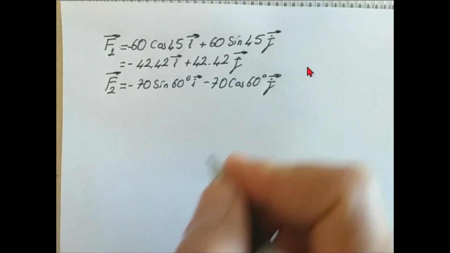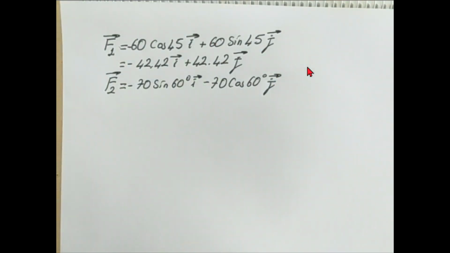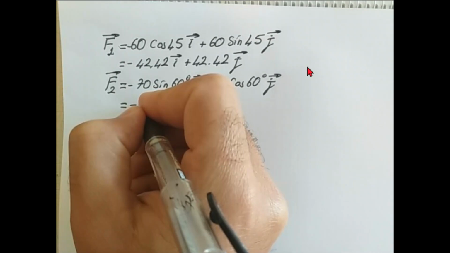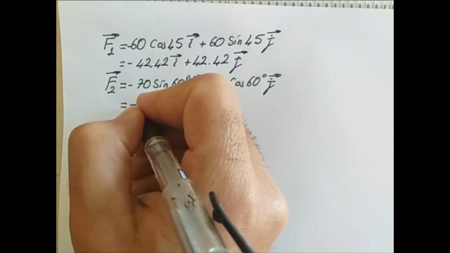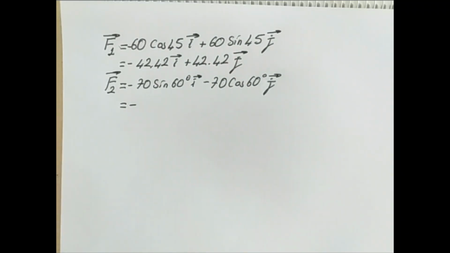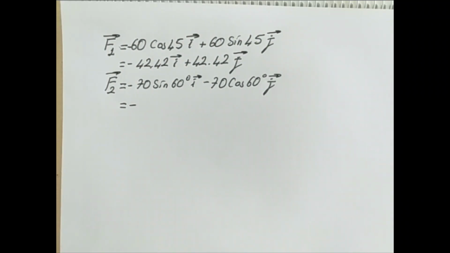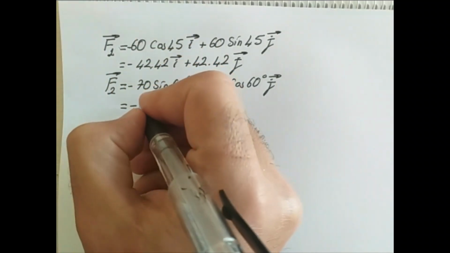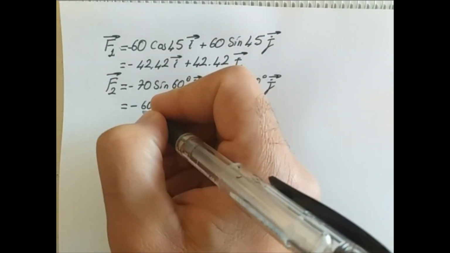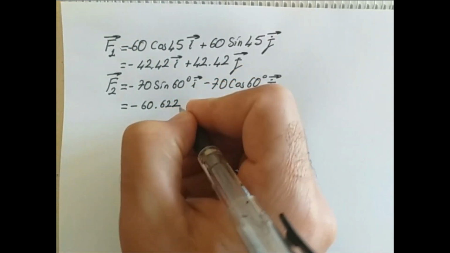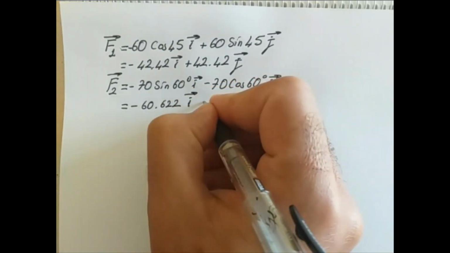From here, we can calculate the x and y components. Minus 60.62 i vector minus 35 j vector.